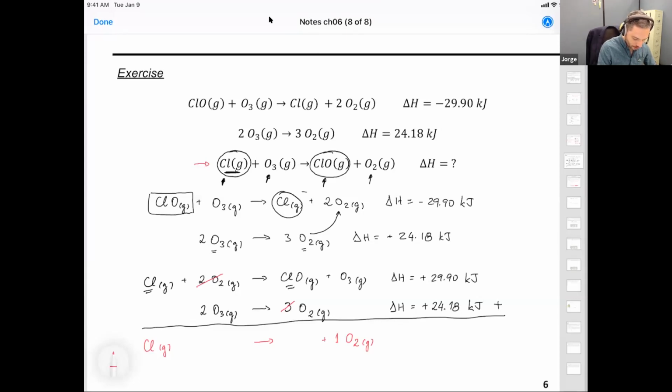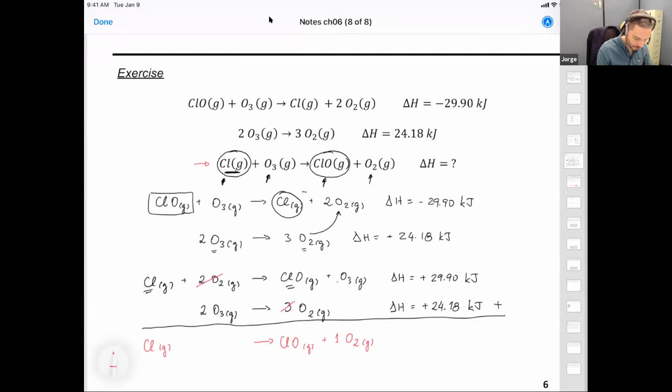Now let's look here at chlorine monoxide gas, nothing to be added or subtracted. So it will just show up as it is on the net reaction. And finally, ozone. We have 1 ozone molecule showing up on the right side of the first reaction and 2 ozone molecules showing up on the left side of the second reaction.